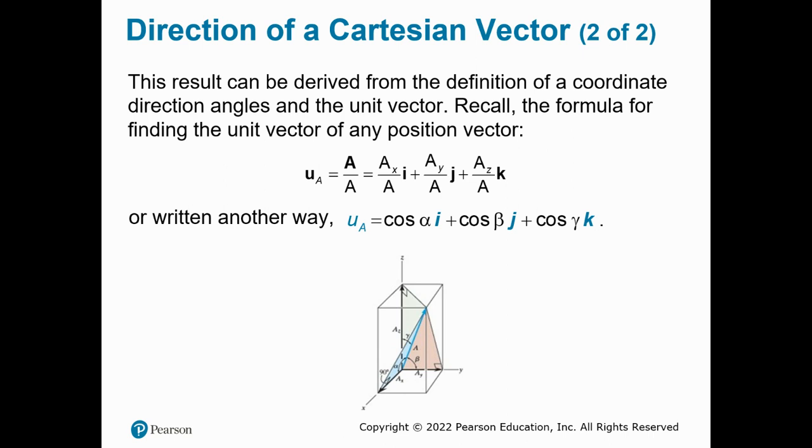The formula for finding the unit vector for every component is Ax over A, Ay over A, Az over A. Remember, what we're dividing by in the denominator is the magnitude of our original vector. This part gives me cosine alpha, cosine beta, and cosine gamma. So the unit vector written in another way, UA, equals cosine alpha i plus cosine beta j plus cosine gamma k.